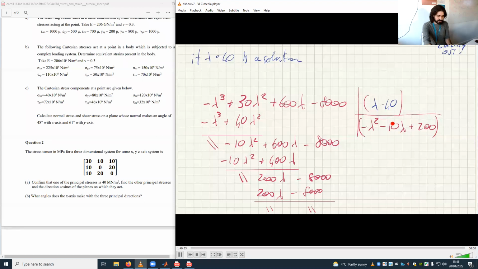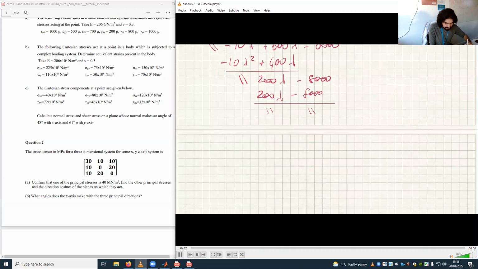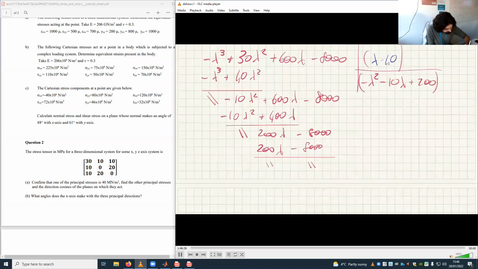You solve it in the usual way by doing minus lambda squared minus 10 lambda plus 200 equals 0. And this is just 10 plus or minus the square root of b squared minus 4ac, plus 800, divided by 2a.